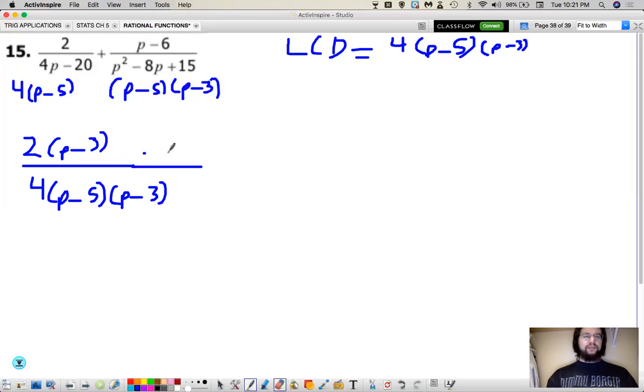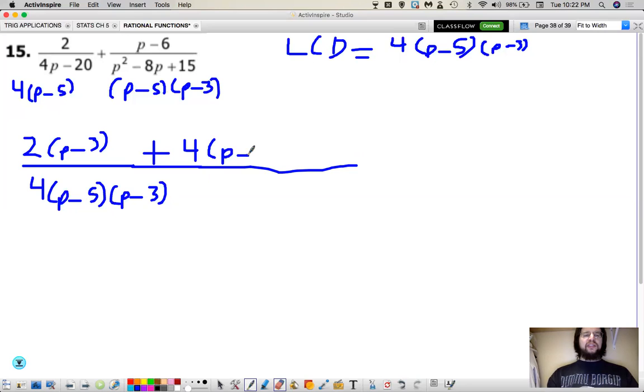Plus. I know I'm going to have the same denominator, right? Go ahead and put it as a single denominator. Oh, man. Oh, that's not bad. So what's this one missing? It's missing a 4.